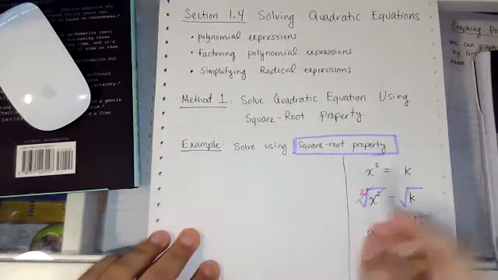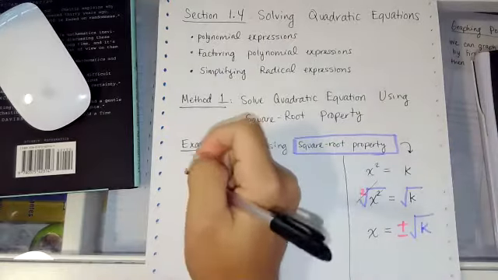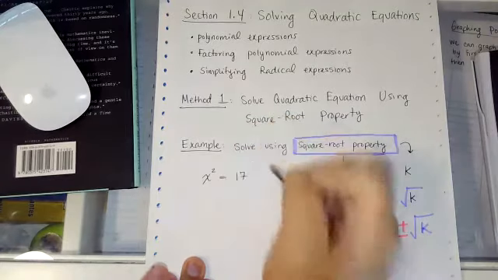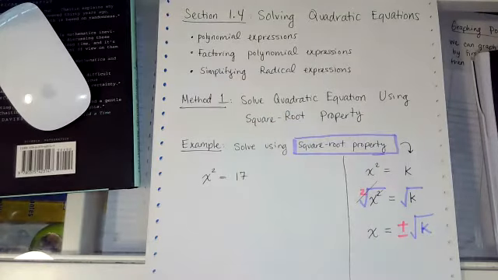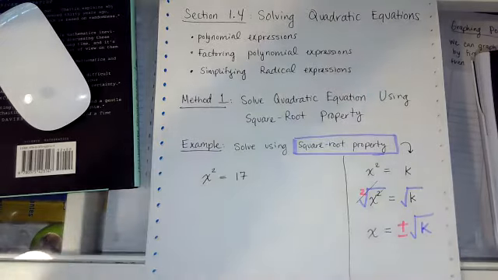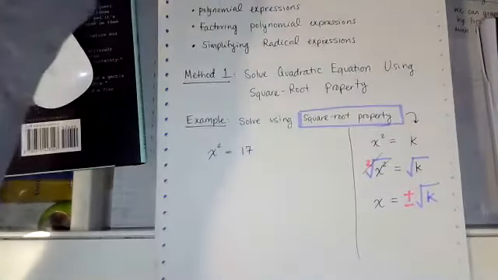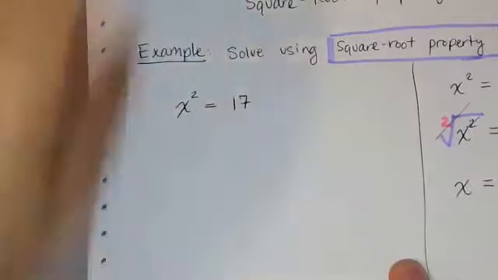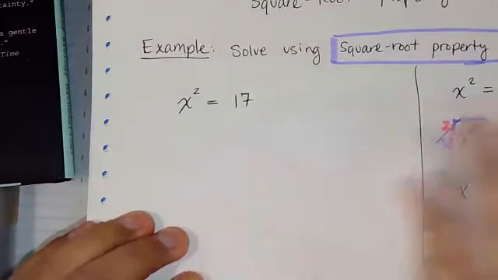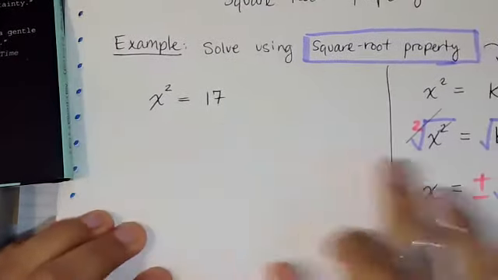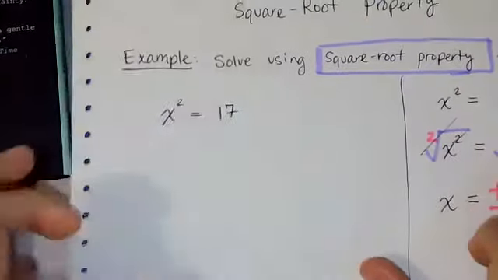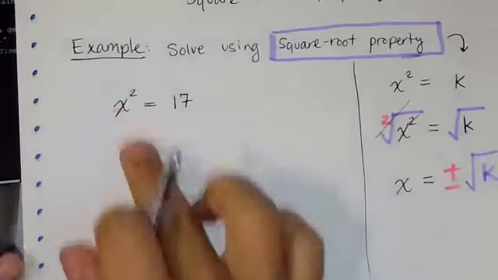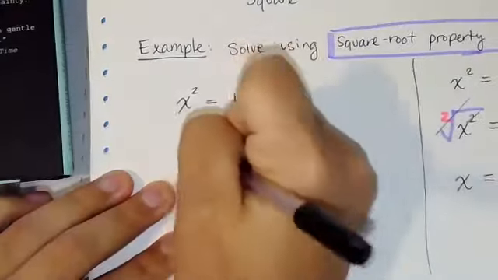So for a concrete example, if we had the equation x squared is equal to 17. Let's go ahead and maybe zoom in. Okay, so if you had this example, x squared is equal to 17, it's in the exact same form as this stuff over here. What I can do is rewrite the problem that's given.